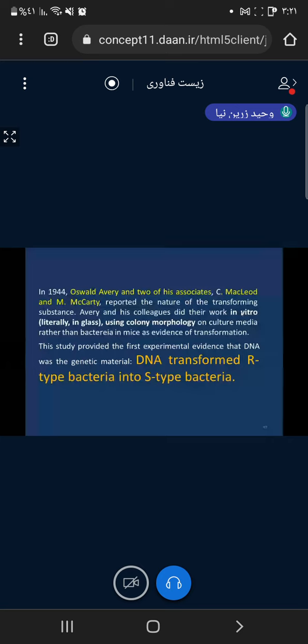DNA transformed R-type bacteria into S-type bacteria. Therefore, in Oswald Avery and his colleagues' experiments, they could show that DNA is a genetic material, and the transformation of bacteria from R shape to S shape is connected to DNA as genetic material.